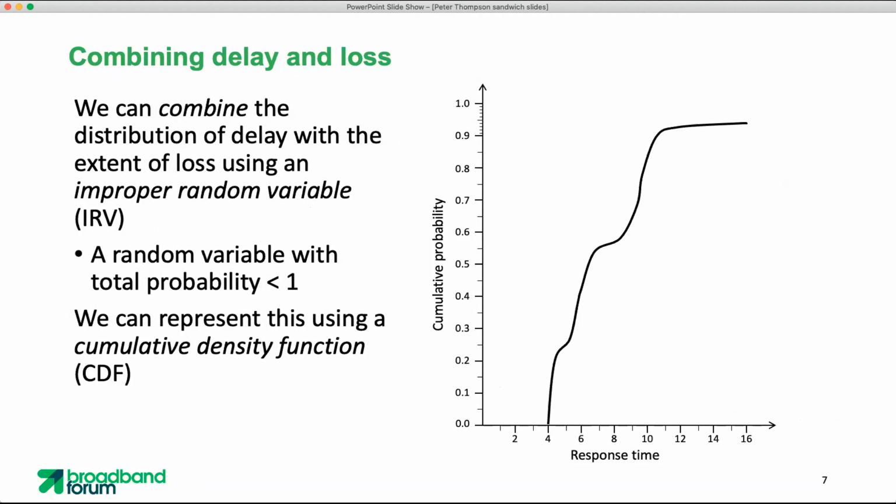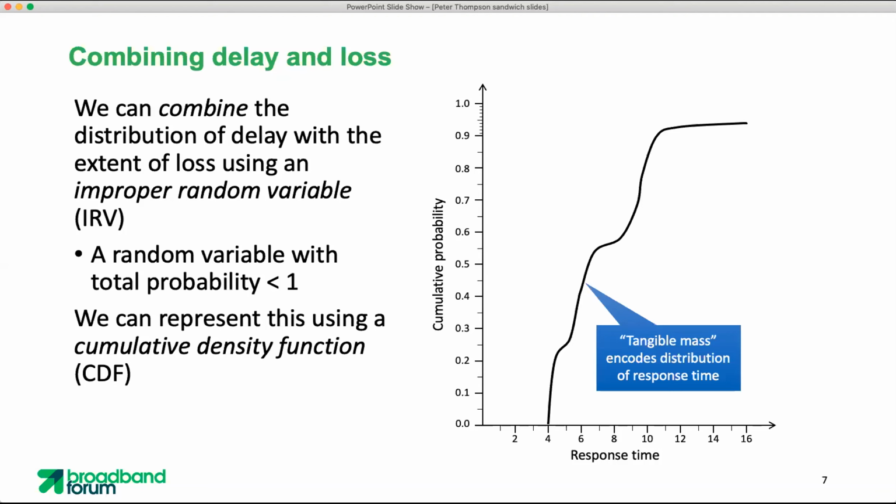The way to read this is that there's no chance of anything taking less than 4 units of response time, whatever that is, could be milliseconds. By the time we get to 7 units, we're up to about 50% of things taking no longer than that. Whereas by the time we get up to 12 units, more than 90% are taking less time than that. And so that's what this curve is telling us.